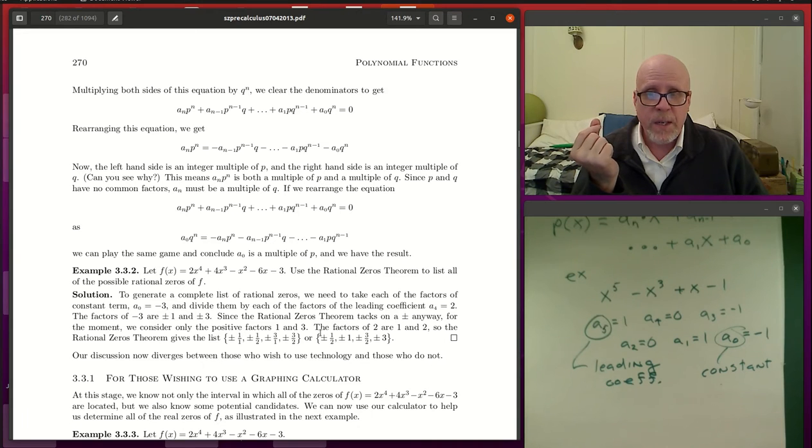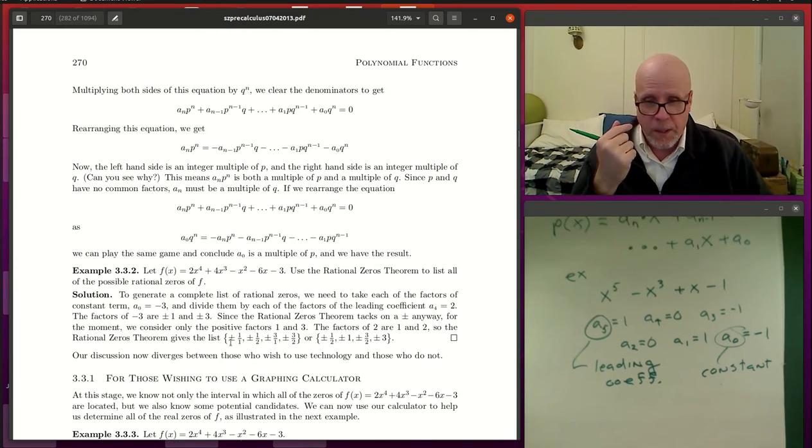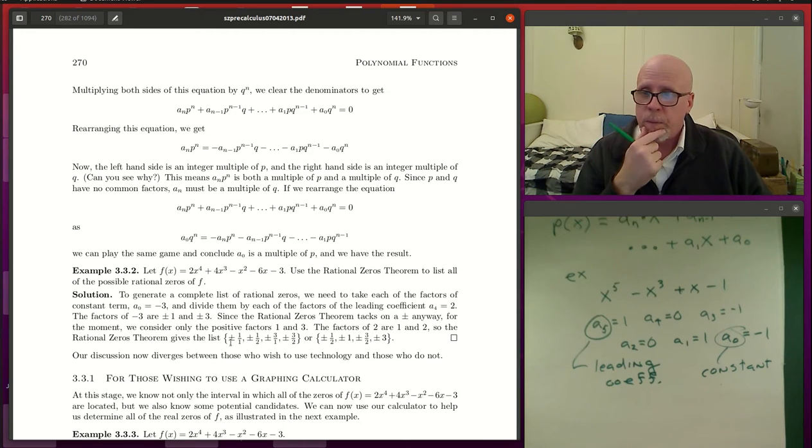The numbers in the tops are either going to be 1 or 3, and the numbers in the bottom are going to be 1 or 2. So this first pair of things has 1s in the top, and then one has a 1 and the other has a 2 in the bottom. The second pair of things has 3s in the top, and so then it also has to have a 1 as well as a 2 in the bottom. So that gives us a total of 4 numbers. There's plus or minus signs in there, so it actually is a total of 8 numbers.